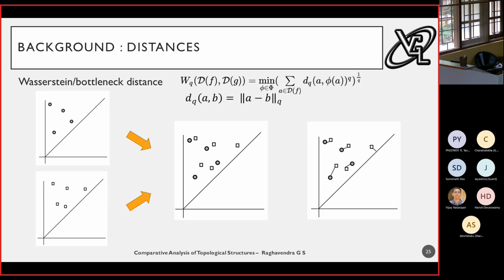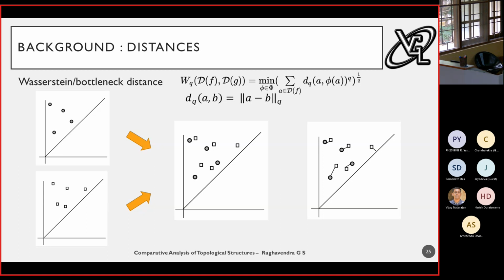As I said, if there are points which can't be mapped to any of the points on the other side, then all those points will be mapped to the diagonal. Intuitively, these features are very close to the diagonal, so they can be mapped to the diagonal. These typically arise from topological noise, so they can be safely ignored because they don't contribute much to the actual distance. So here the setup is a comparison between two multi-sets, but in general, the comparison can be between distributions or sets of points and so on.